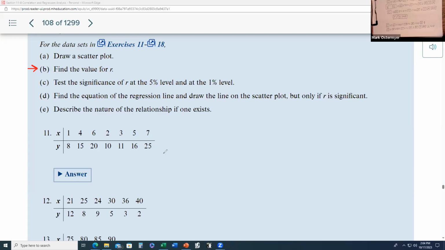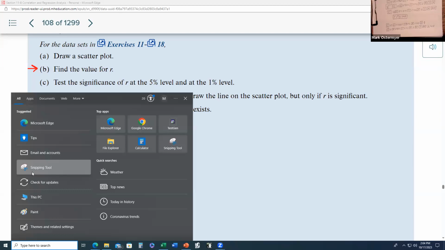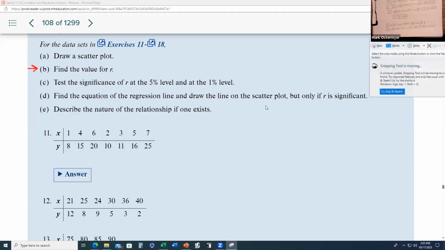Okay. So let's go ahead and see if we can maybe do that. What I might be able to do here is use my snipping tool here. I'm going to try something here.